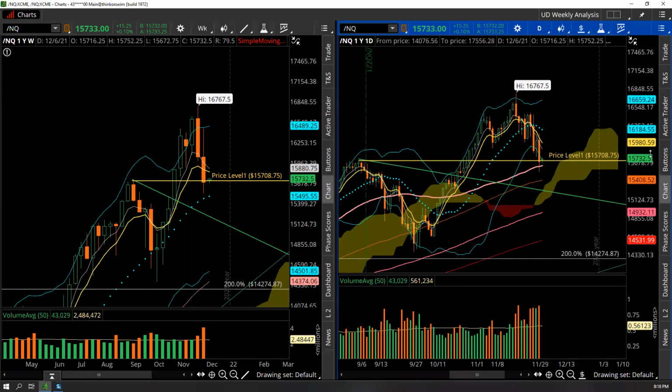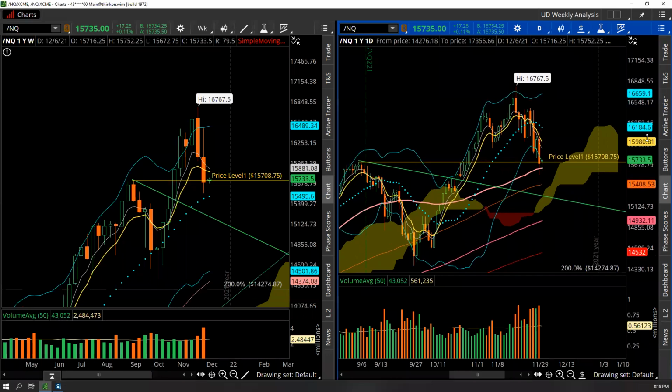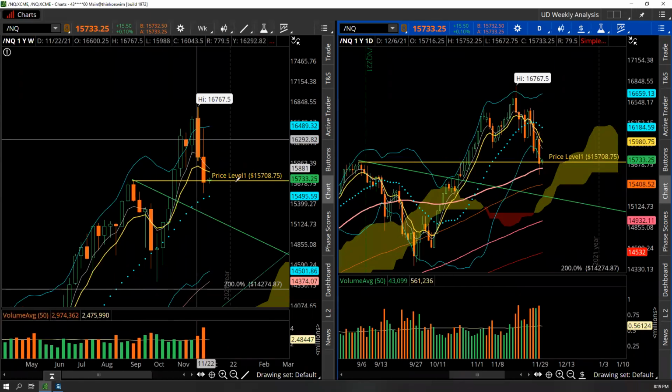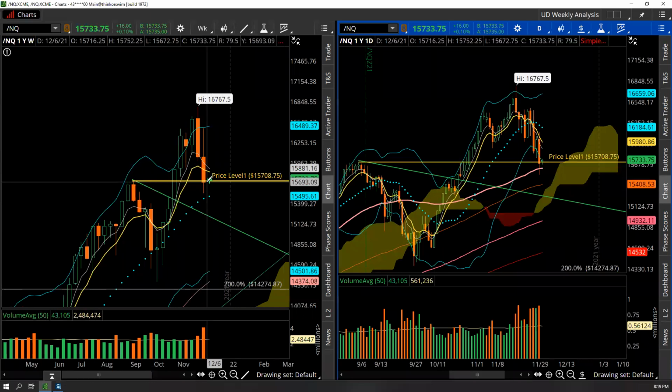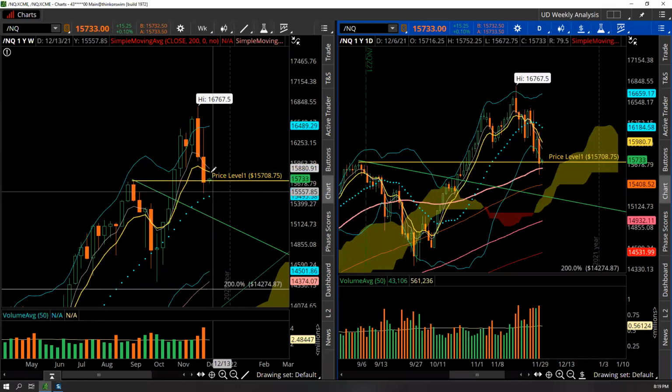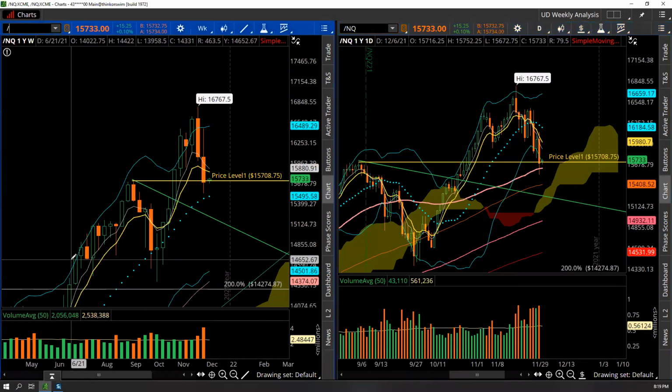So that keeps the constructiveness in place. Very high sell volume and increasing selling volume, okay? So if the market wants to puke here, it looks like Nasdaq also joined last week to participate in that down move, okay?